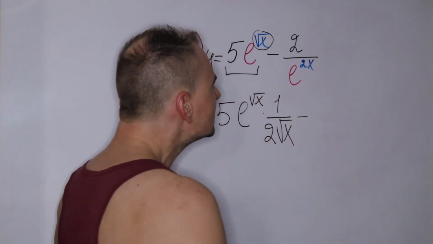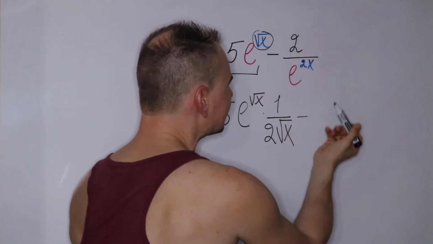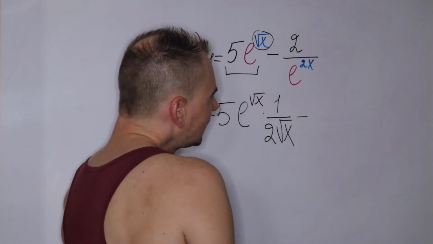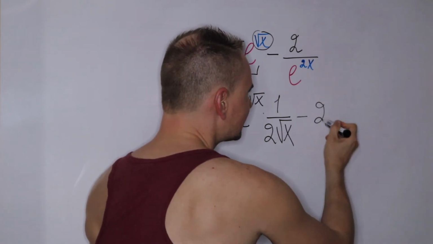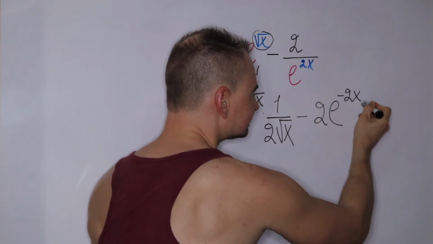You want to subtract, and this one you could rewrite as 2e to the negative 2x.